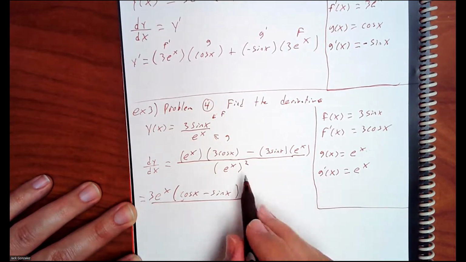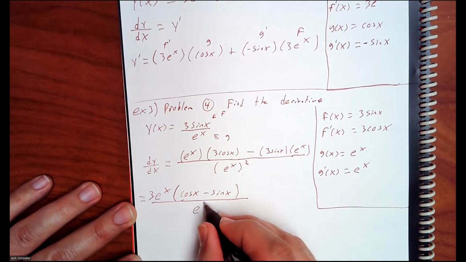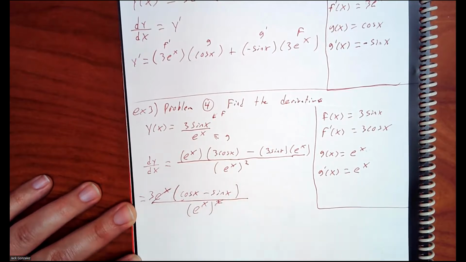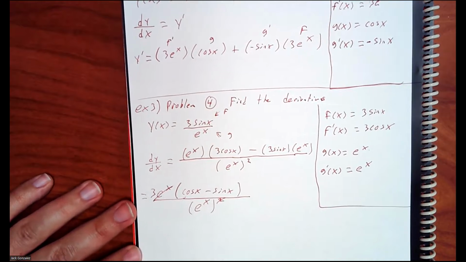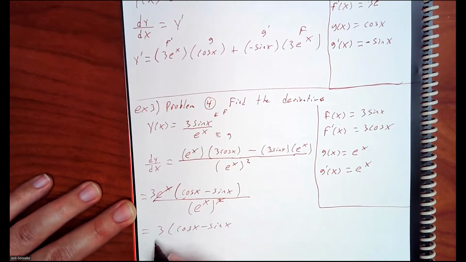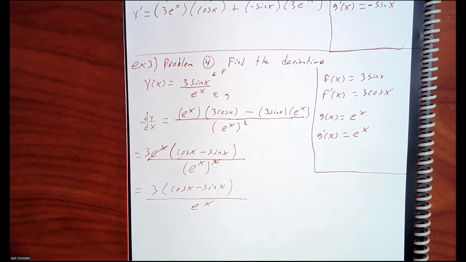E squared is technically e to the 2x, but I'm not going to do that because it's going to cancel with one of them up here, right? So now I have 3 times this over e to the x. I think that is as pretty as it's going to get.